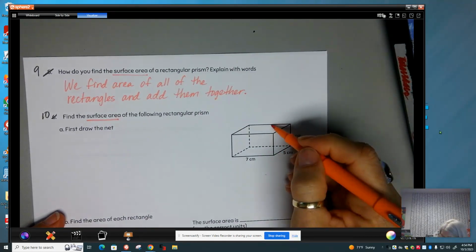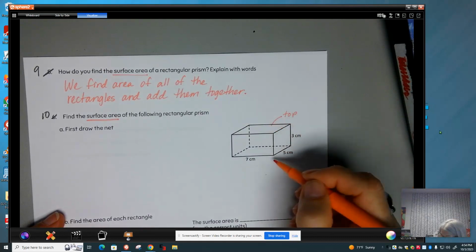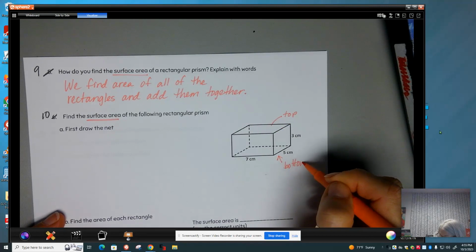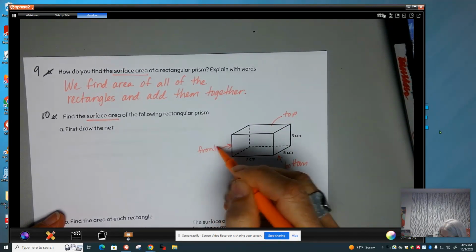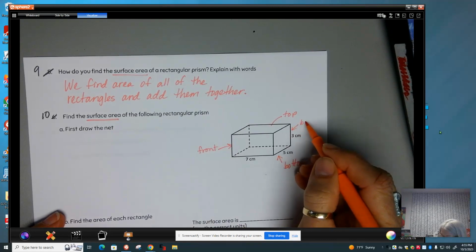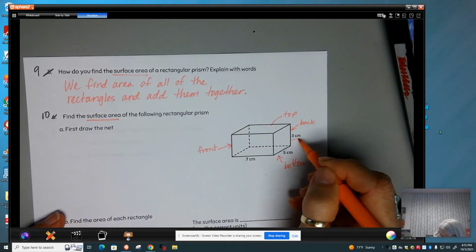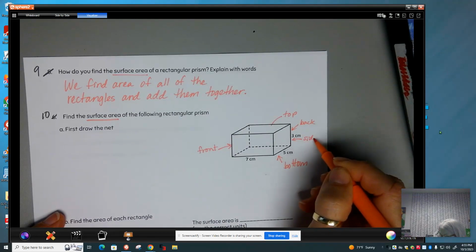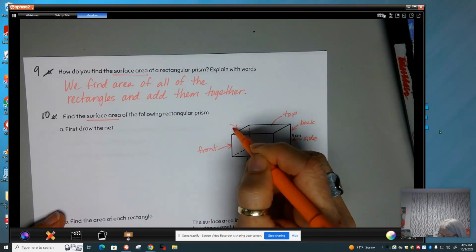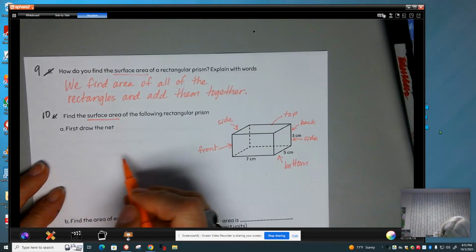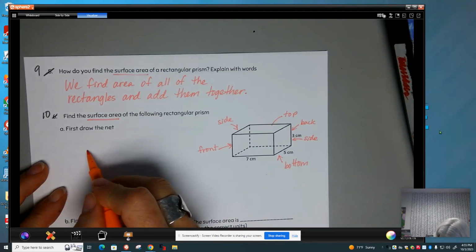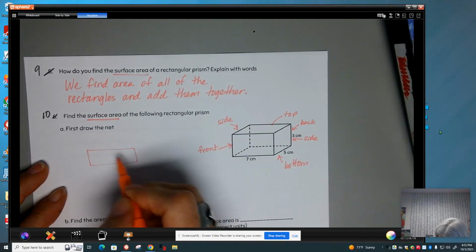So remember, we have a top and a bottom. We have a front and a back. And we have a side, and we have another side. So I usually like to start with the front.